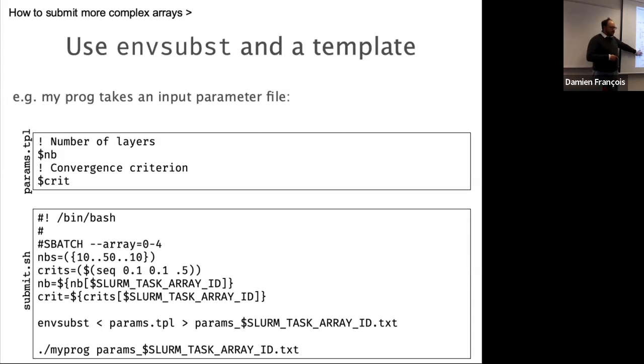And then with bash arrays, you can create a job submission script that actually creates one file, based on the template and based on environment variables. So there are programs that require the parameters to be stored in a file. With a construct like this, you can have a job array that will create all the different files that you need without you having to copy a file, modify a value, and copy again, modify another value, and then submit a job for each of them.